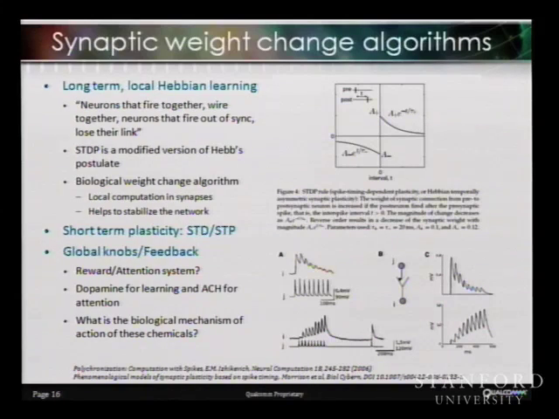The succeeding responses decrease over time. That's called short-term depression. Similarly, there's the opposite, which is short-term potentiation, where spikes come in, and the amplitude of the potential on the receiving membrane actually increases over time. So this is another form of plasticity in synapses. So we have short-term and long-term, depression and potentiation.